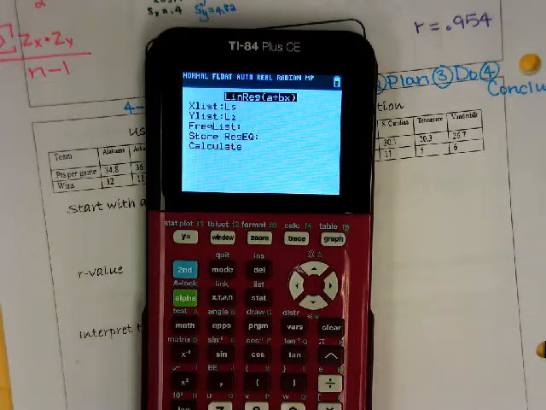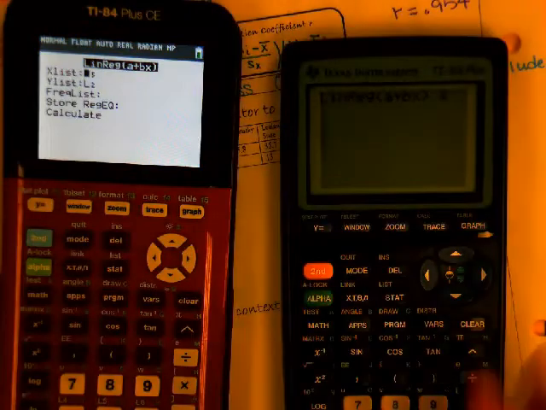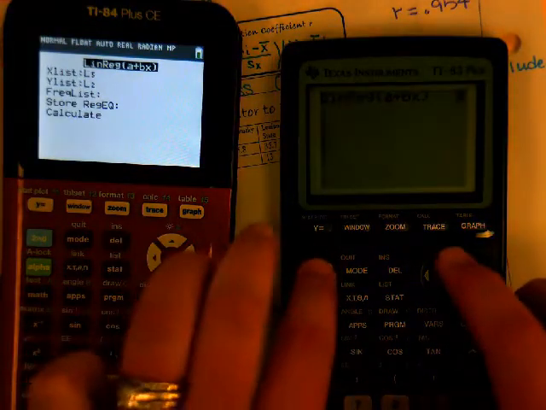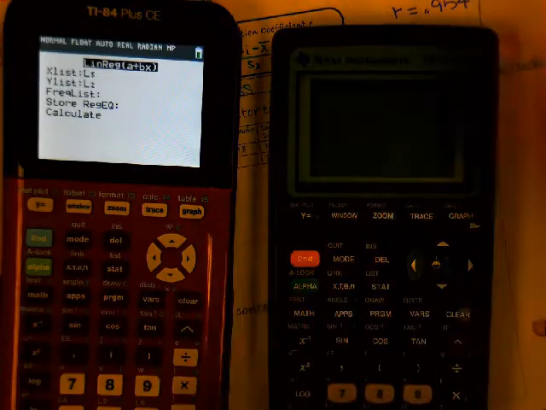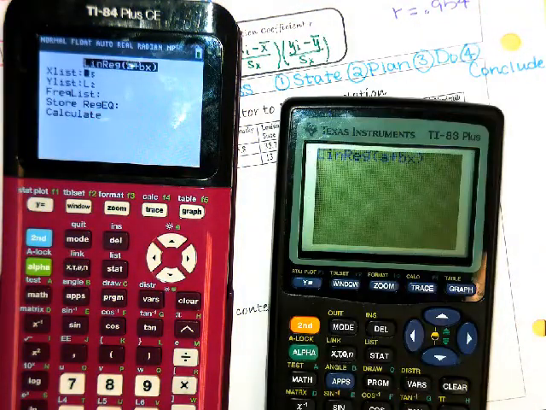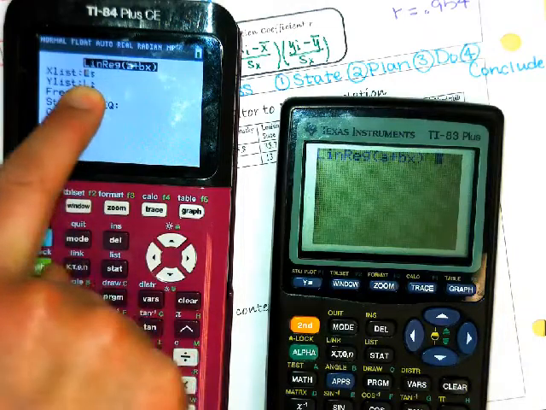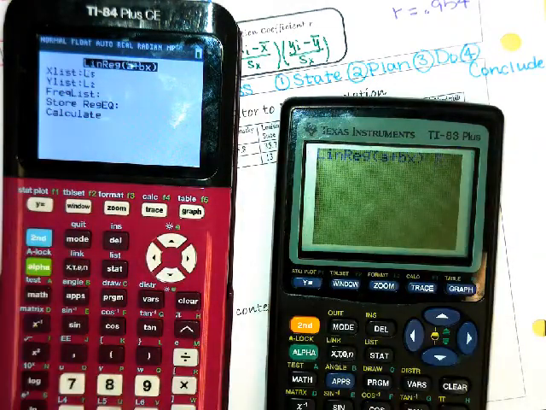If you have an older calculator, it doesn't prompt you for your lists. On the newer ones, my information is in list 1, where I have the points per game, and the wins are in list 2. So make sure you have your X and Y lists correct.